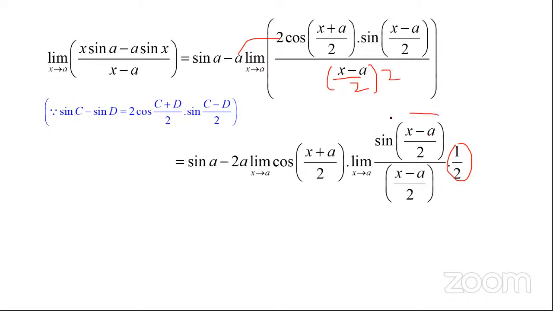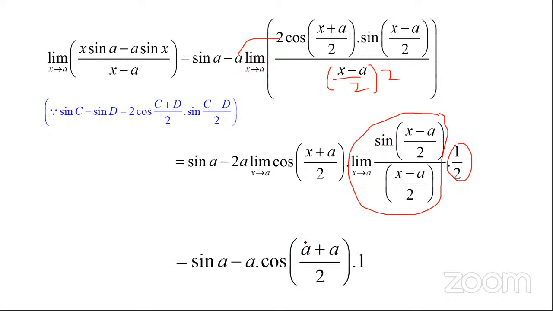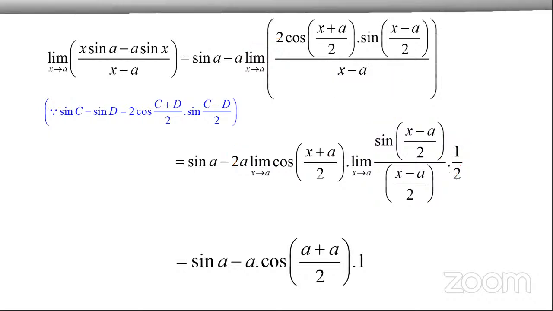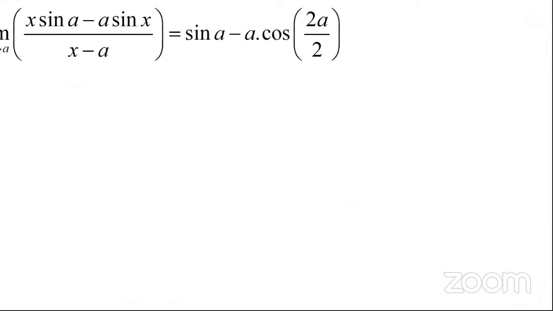This is nothing but the limit x tends to 0 of sin x by x equal to 1. So from that one we can use this formula. Apply the limit, this value is 1, so this 2 will get cancelled, a into apply the limit cos of (a plus a) by 2.